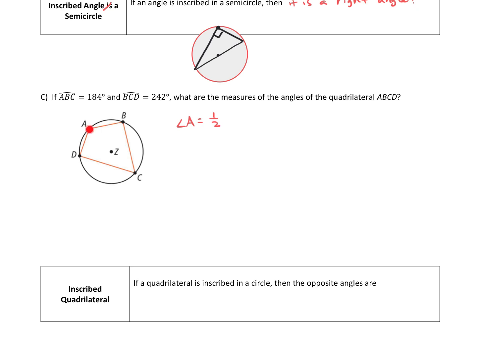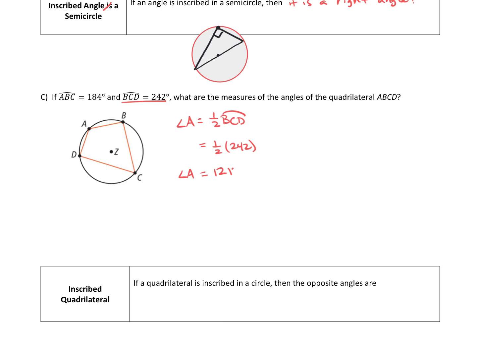So if we take angle A and we follow it out, it's going to be half of arc BCD, because see how angle A goes out here? It's half of BCD. And they told us that arc BCD is 242 degrees. So angle A is half of 242 degrees, which makes angle A equal to 121 degrees.